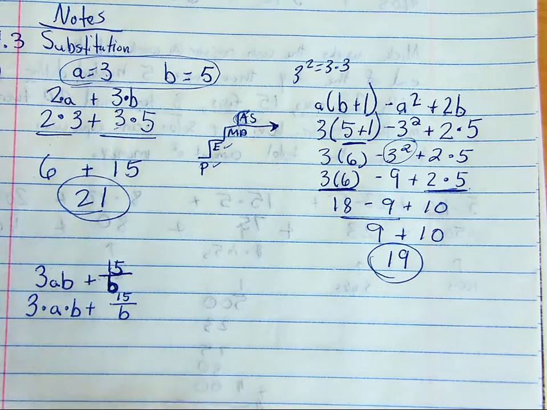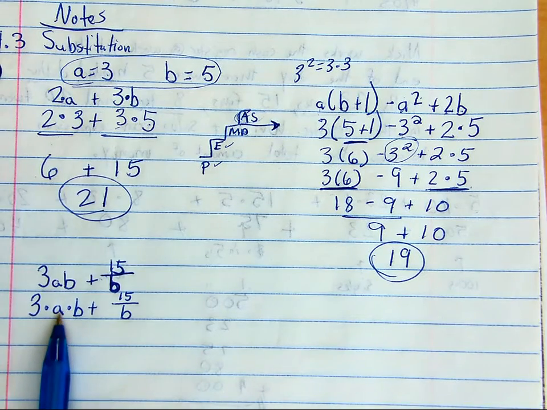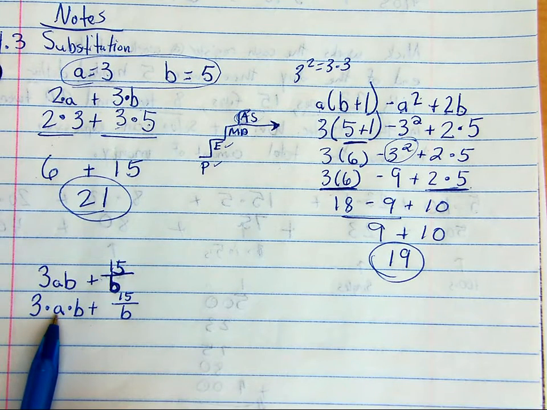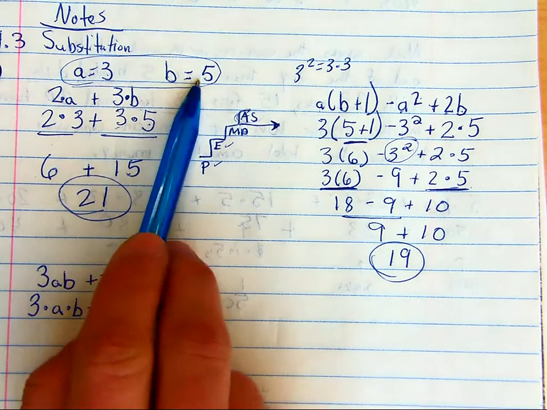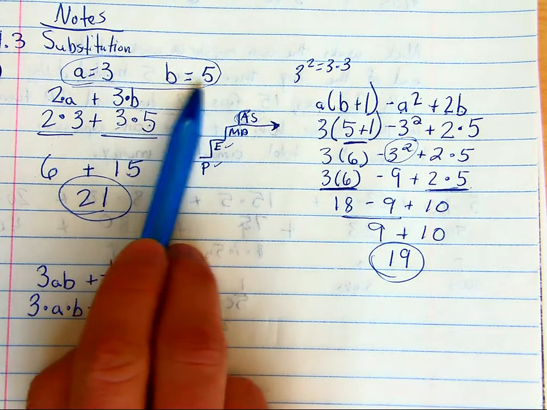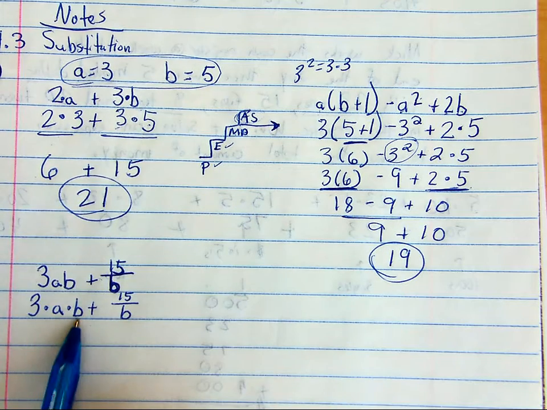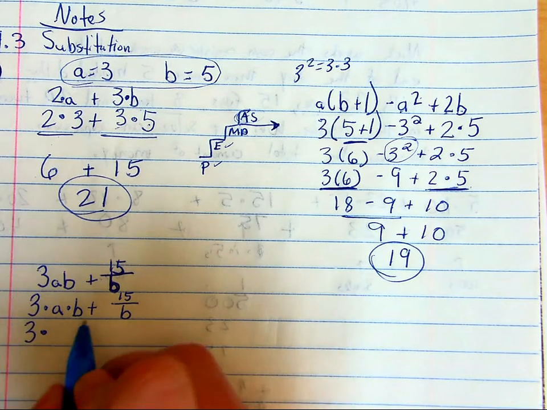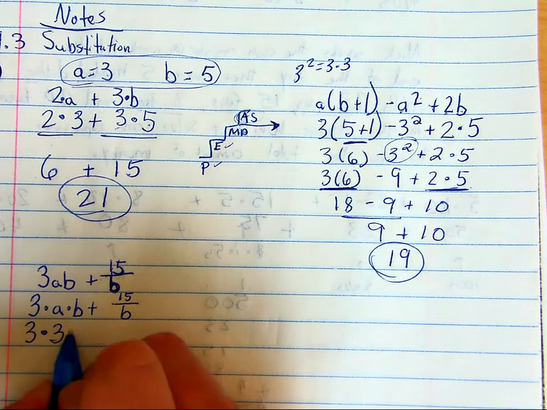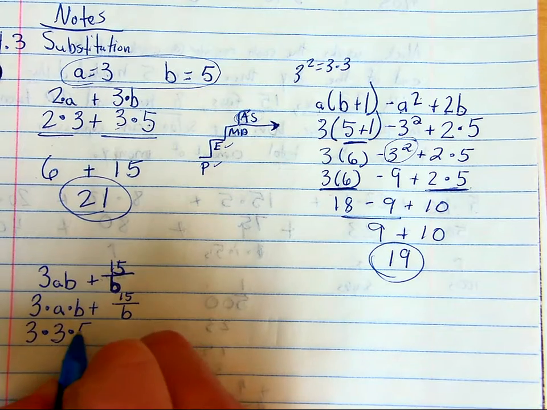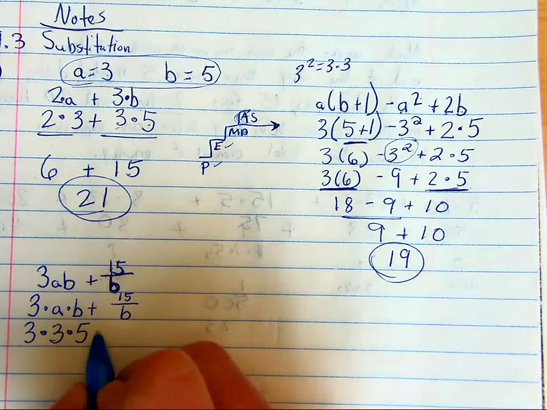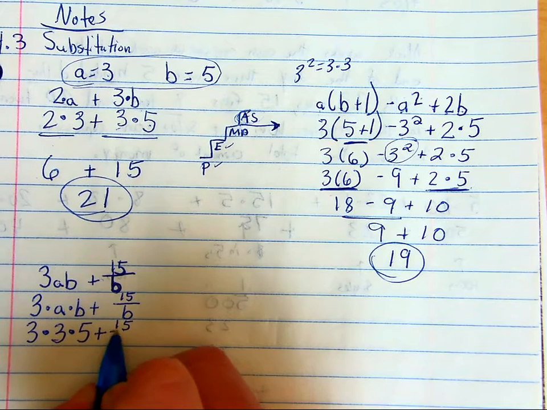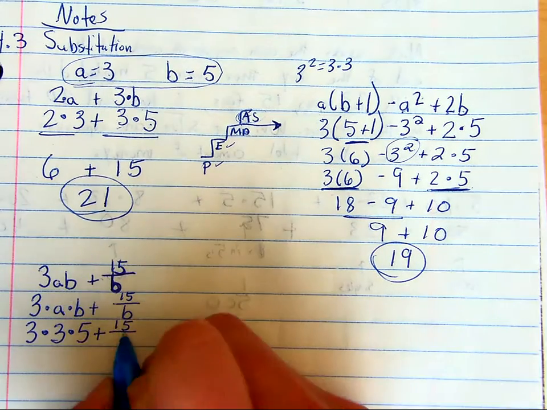So down here, anywhere there's an A, I'm going to substitute a 3 in its place because they're equal to each other. They're the same thing. Anywhere where there's a B, I'm going to substitute a 5 in because they're equal to each other. So then it's 3 times 3 times 5 plus 15 divided by 5.